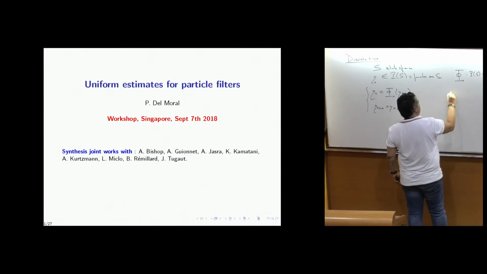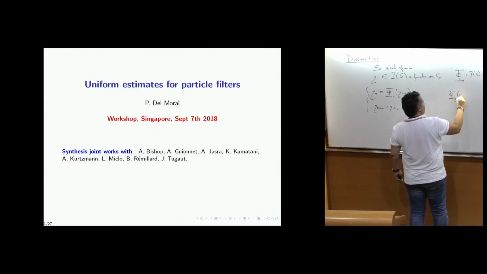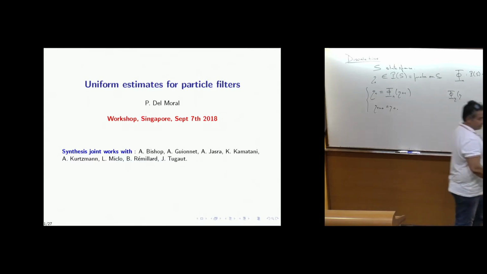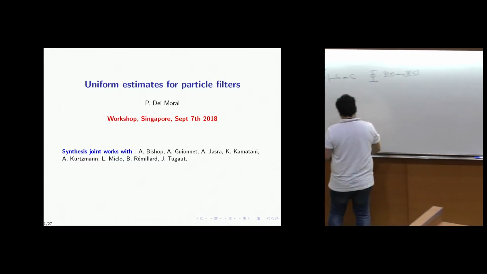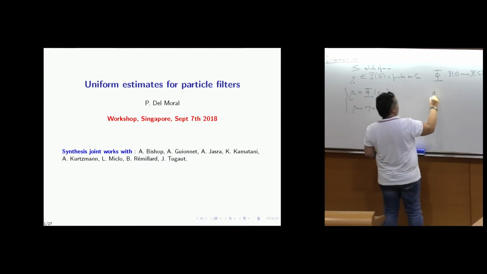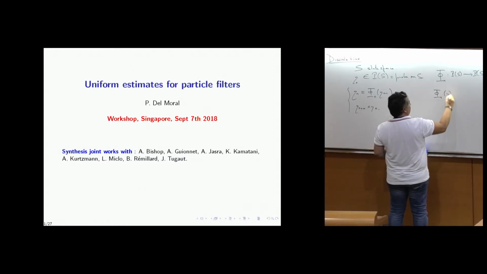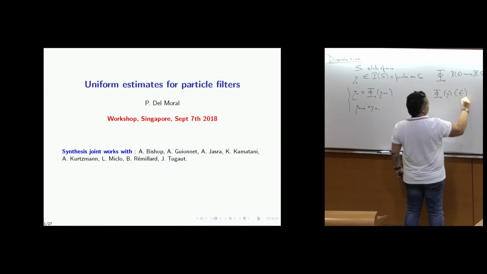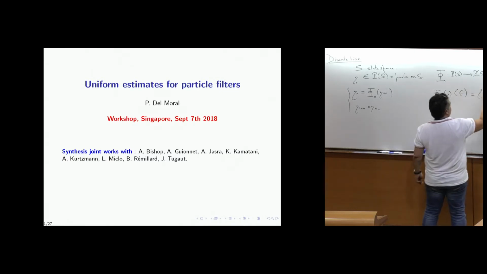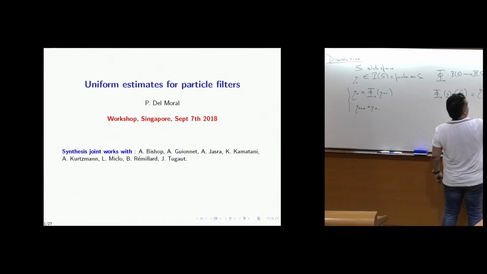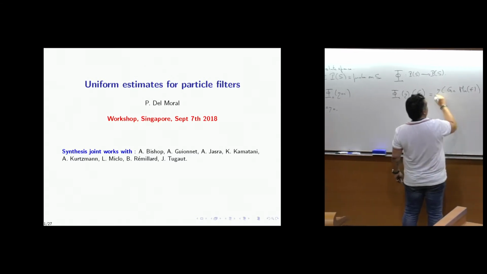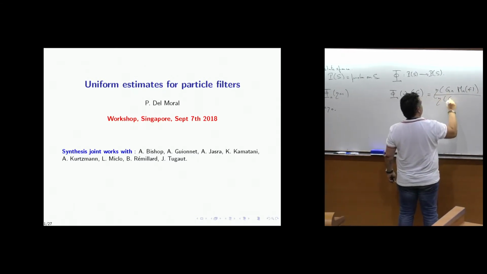And just to give an example, eta n on some measure. If I look at some function, maybe this one, eta, some function that may depend on the time, some Markov transition, and I divide by eta g n.